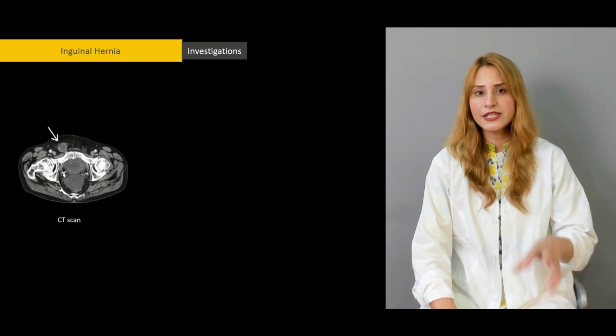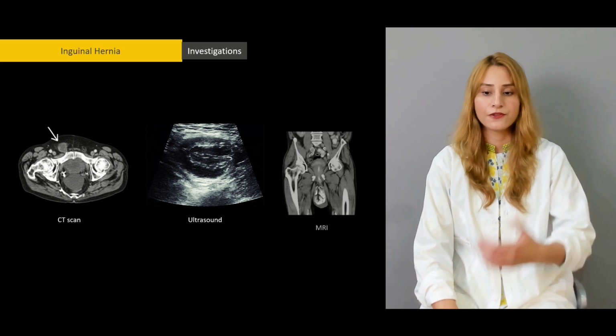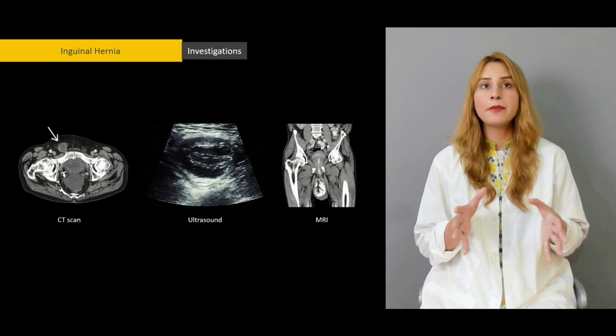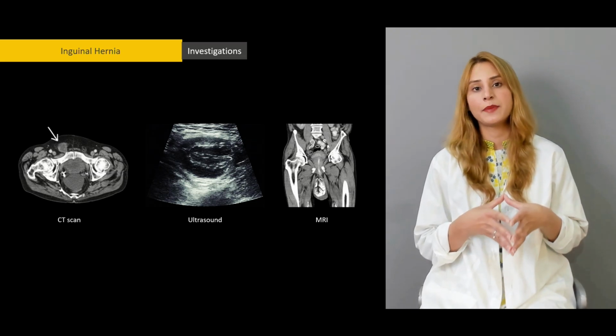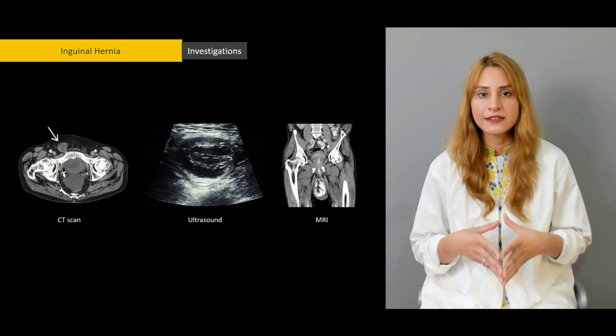Investigations, I already talked a little bit about the investigations. You can go for the CT scan, the ultrasonography, and the MRI. But most of the time, with a hernia, you make the diagnosis with your history and your clinical examination.